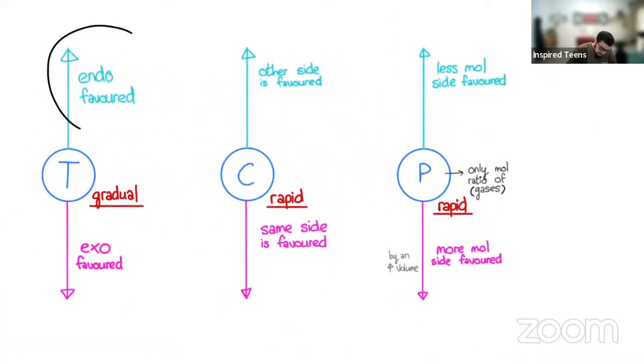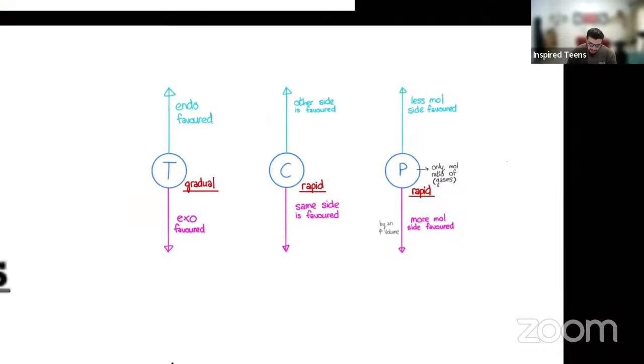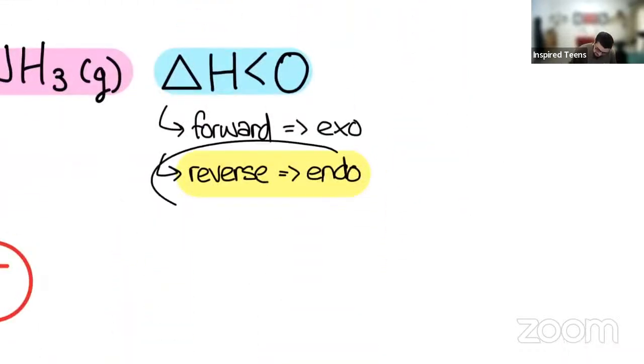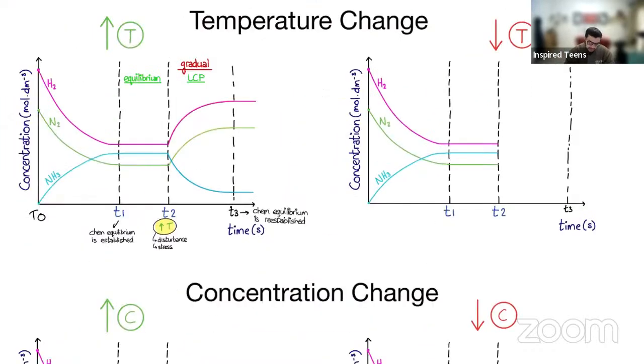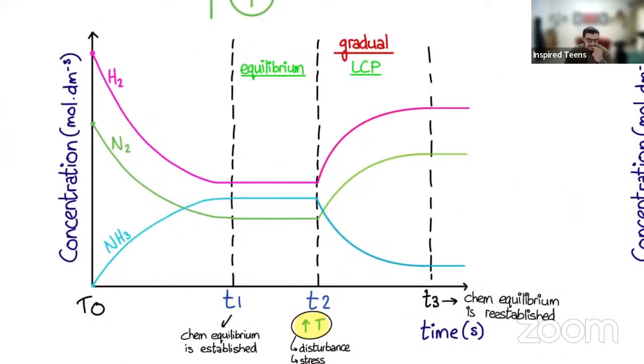When there's an increase in temperature, the endothermic reaction is favored. We need to understand that the endothermic reaction is the reverse reaction. So because the reverse is endo and the endothermic reaction is favored, the reverse reaction is favored. Now, the reverse reaction we can represent here. Firstly, it needs to be a gradual change because temperature results in a gradual change.